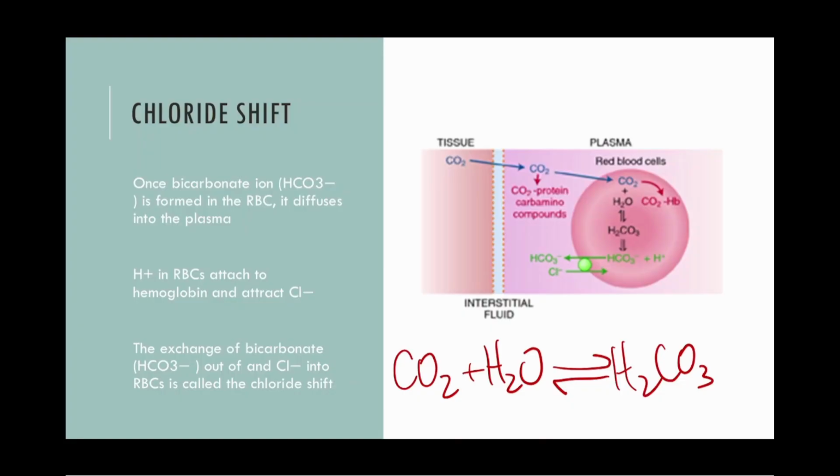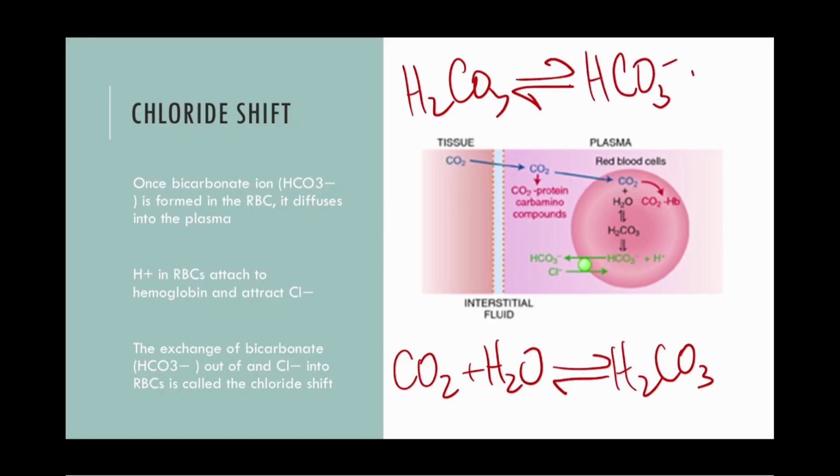This H2CO3 can also undergo a bidirectional change to make bicarb plus a hydrogen ion. What enzyme makes all this possible? We talked about it a little bit, but there's an enzyme that does all this for us. And this is carbonic anhydrase.